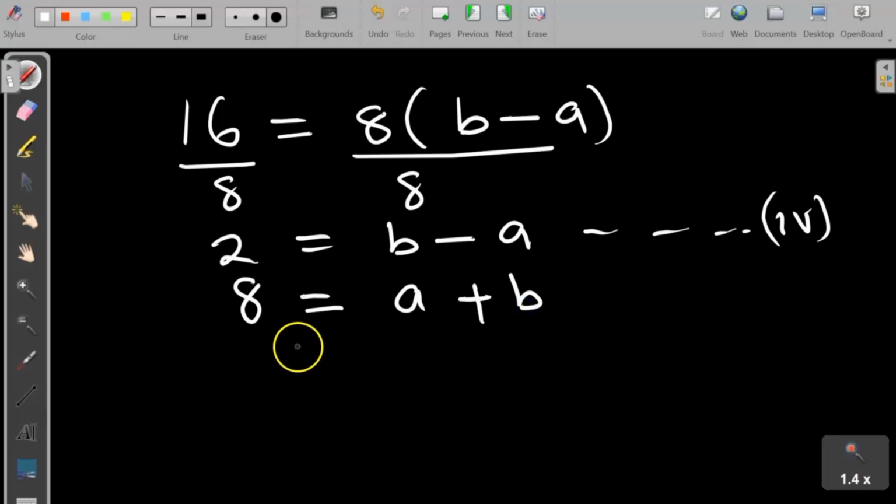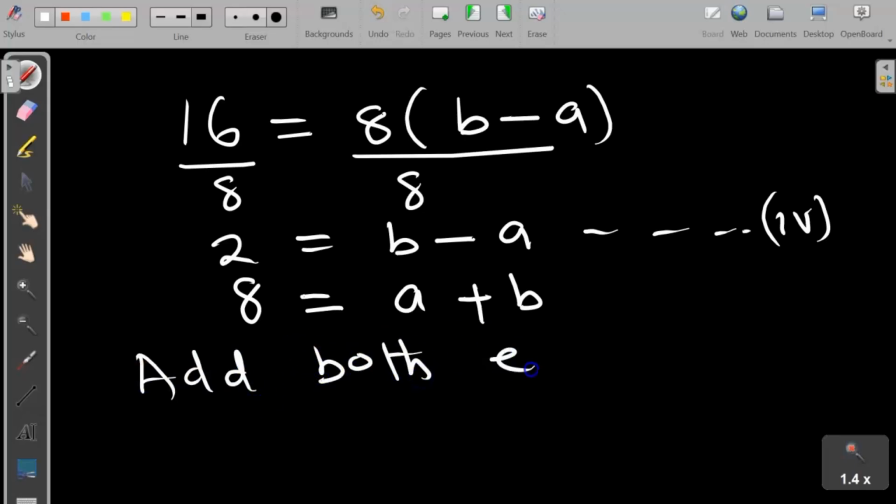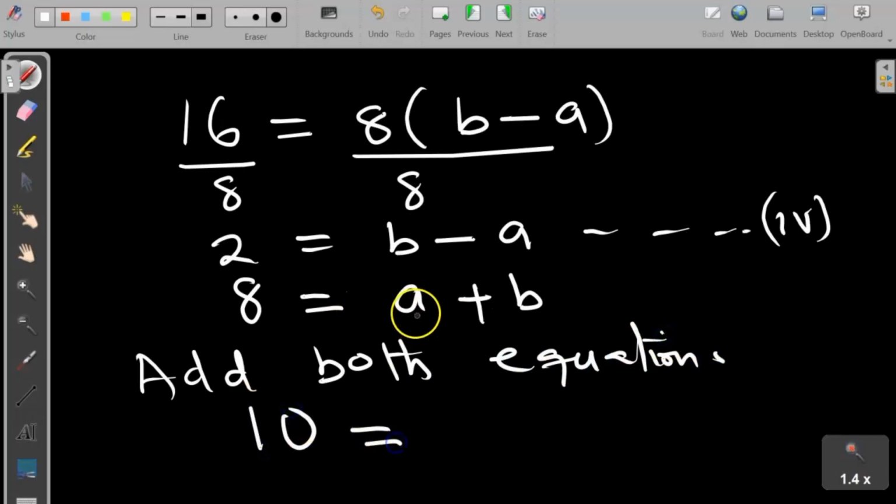Adding both equations, 10 is equal to, this minus cancels this minus, 2b.